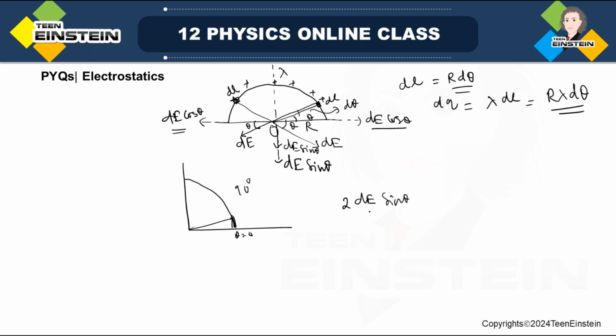If I just want to calculate the total electric field at the point O, that will be the integration of 2 dE sin θ, right? Where θ limit will be 0 to 90 degrees or π/2, whatever you say. Let us write it as π/2.